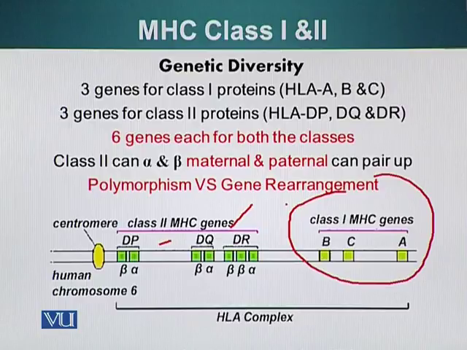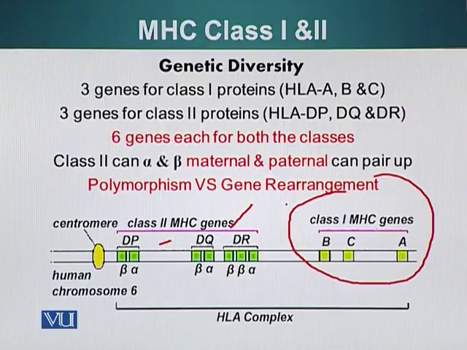Here you can see that these genes are not present in gene segments, like antibody genes or TCR genes are. However, the diversity comes because these genes are very polymorphic. It is very rare for two unrelated individuals to have an identical set of MHC proteins. That is one.